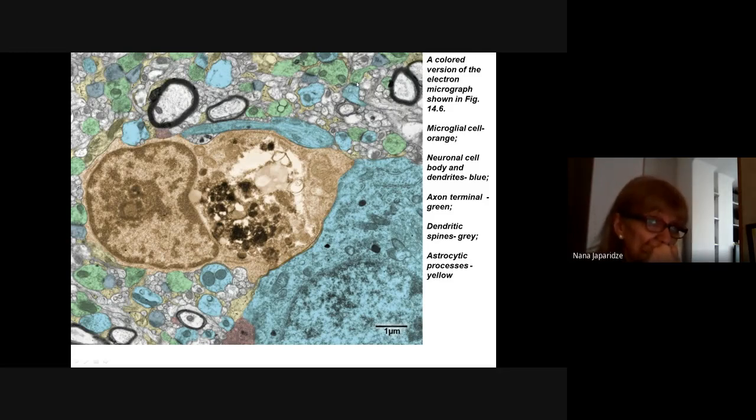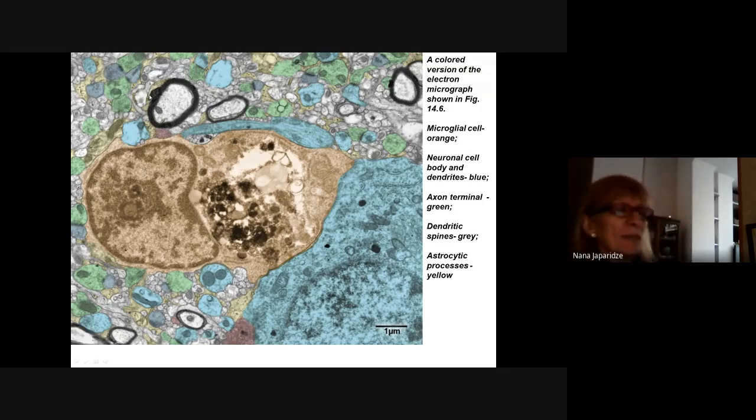Okay, so what you see here are also astrocytic processes, and they are stained yellow. Look, a huge amount of astrocytic processes, and they fill the neuropil. So the content of neuropil is very well visible here. We see here synapses.